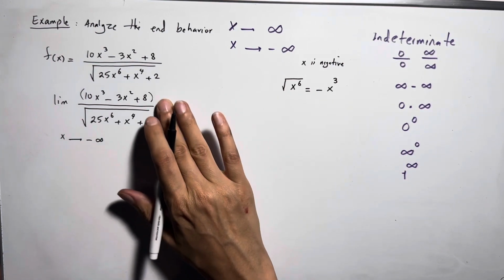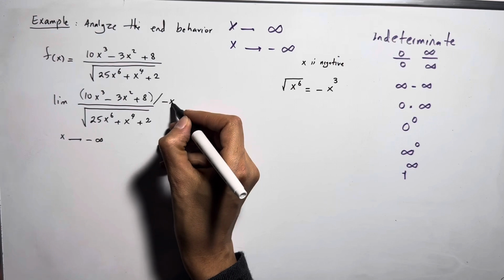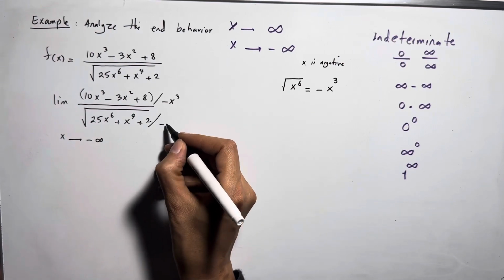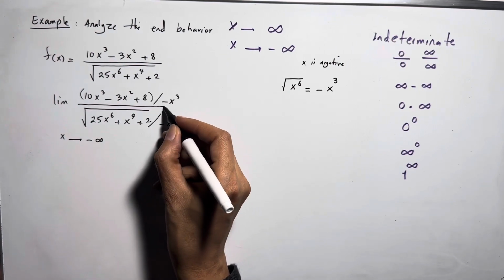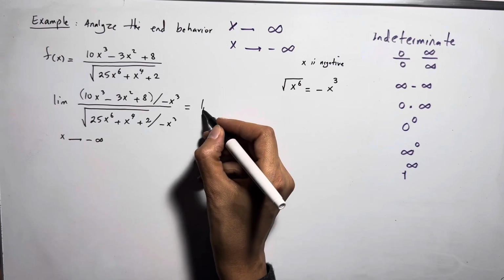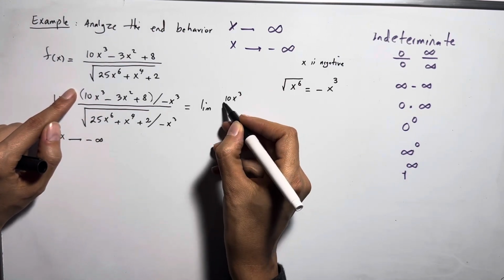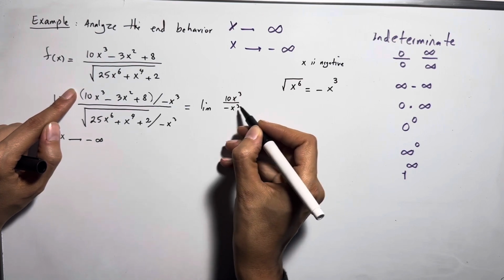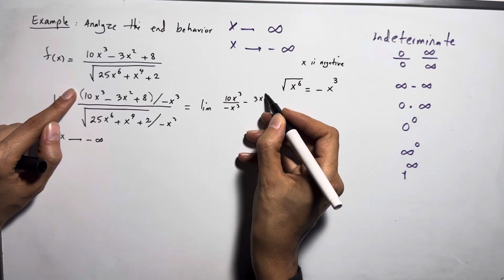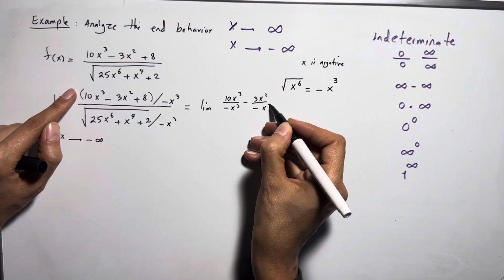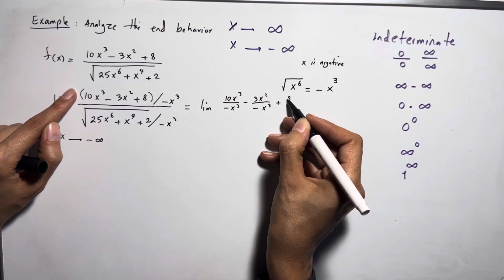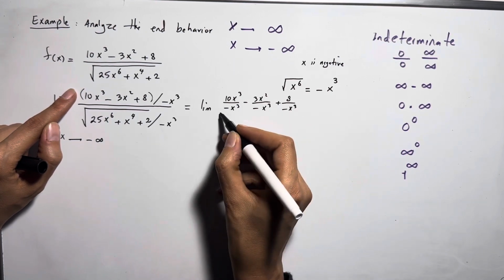Let me just do the division here. Divide everything by negative x cubed. This becomes the limit of 10x cubed divided by negative x cubed minus 3x squared divided by negative x cubed plus 8 over negative x cubed.